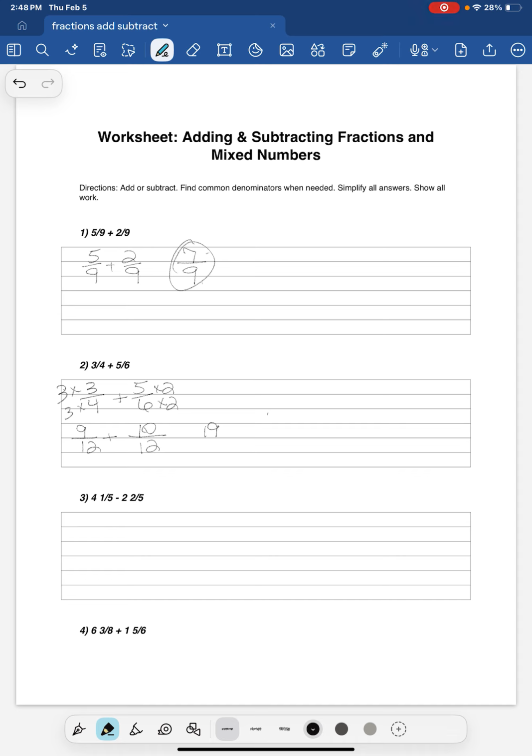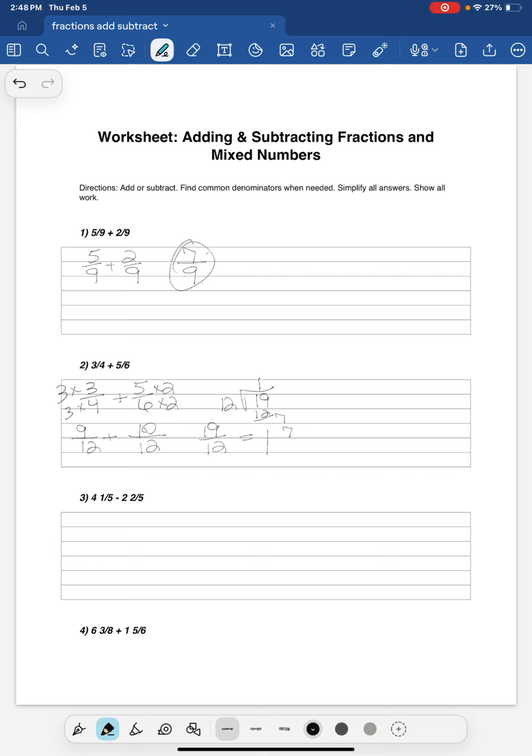So then we have 19 over 12, but that is an improper fraction, so we just have to turn it into a mixed number. And we know that if we set it up like this, then 12 is going to go into 19 one time. So that's going to give us 1, and it's going to give us a remainder of 7.